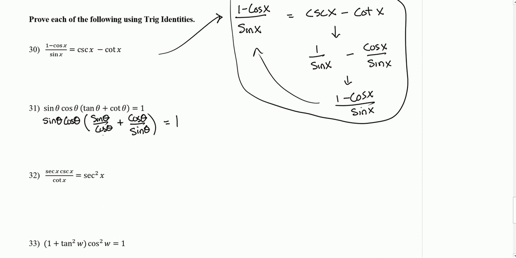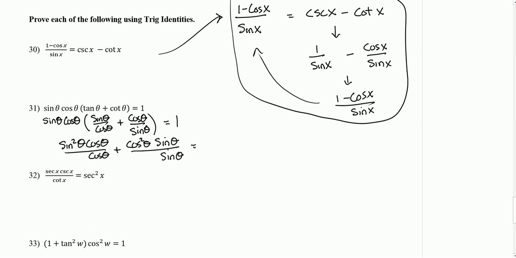Distribute the sine and cosine. So we get sine squared theta cosine theta over cosine theta plus cosine squared theta sine theta over sine theta.